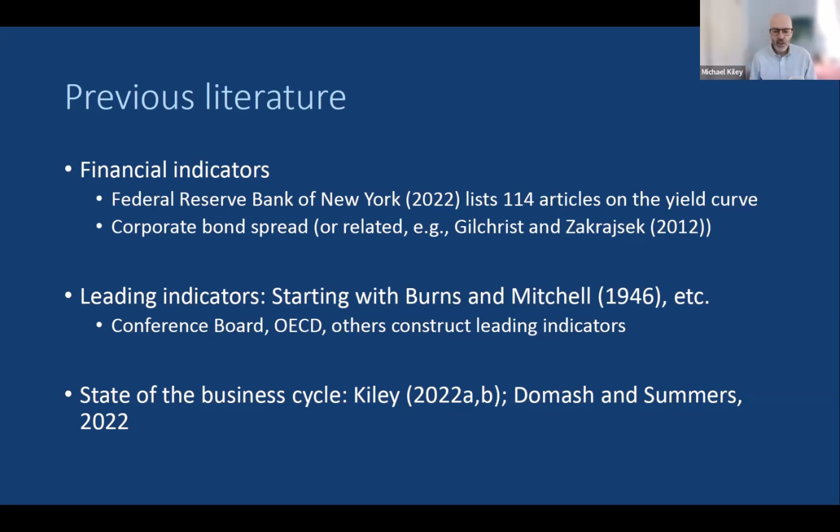So for example, there's a running bibliography on the website of the Federal Reserve Bank of New York. And as of the middle of 2022, I'm sure this has actually changed, but as of the middle of 2022, that running bibliography listed 114 articles in economic journals on using the yield curve to forecast recessions, right?